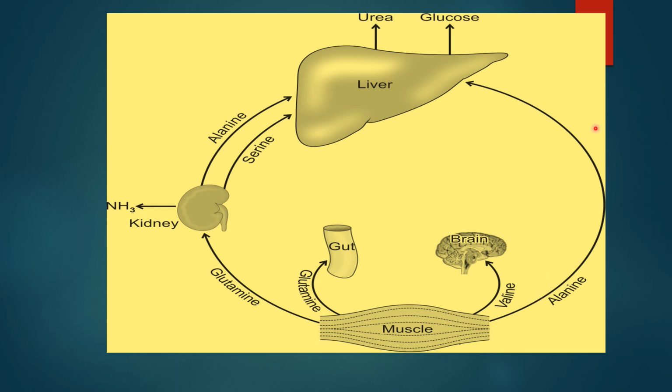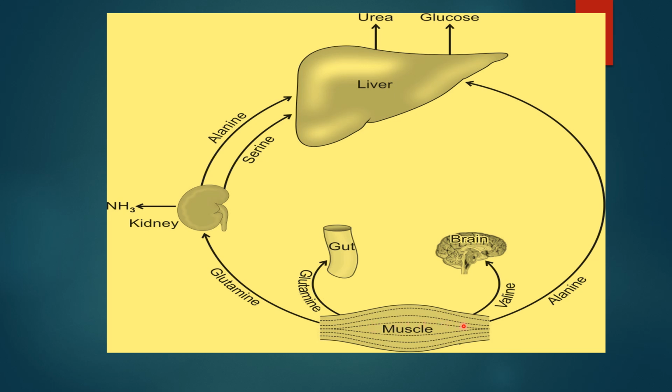Similarly, alanine's first reaction is a transamination reaction, like other amino acids, and it converts into pyruvate. That pyruvate is an important substrate for gluconeogenesis. It reverts back to glucose, so it can be utilized for the synthesis of glucose, and this glucose goes back to the skeletal muscle for energy purposes and to various other tissues for energy use.